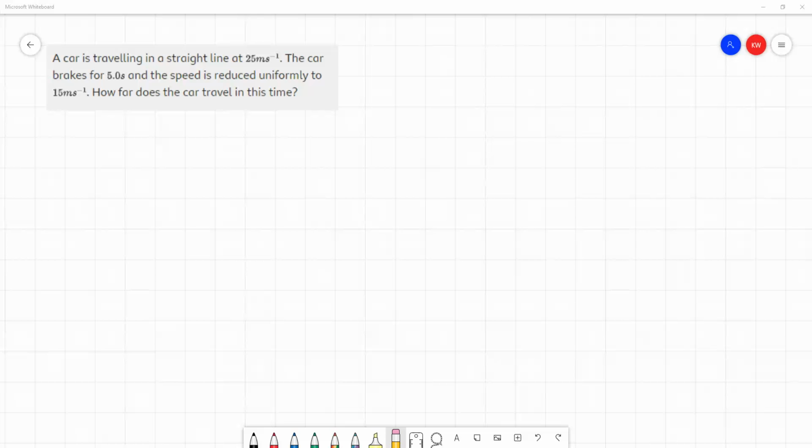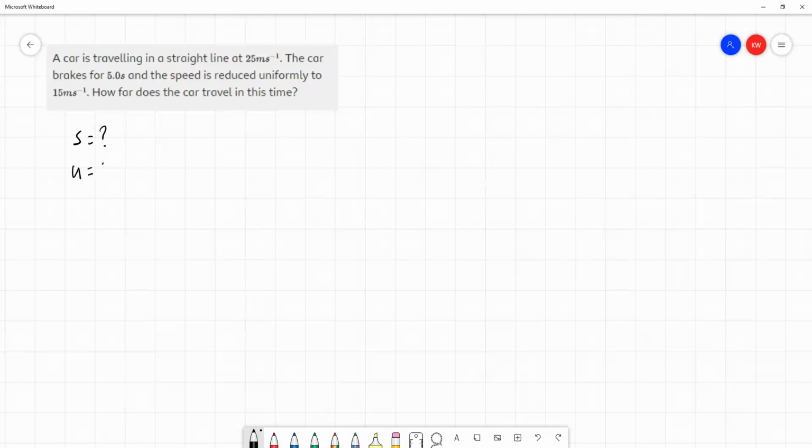Let's take a bit of a think about this. In a problem like this, one of the first things to do is to identify what it is that we're looking to find out. And what we're looking to find out in this question is how far it travels. This is our distance, and this is what we call S in our equation. So S, that's our unknown here. We're told the car is traveling 25 meters per second at the start.